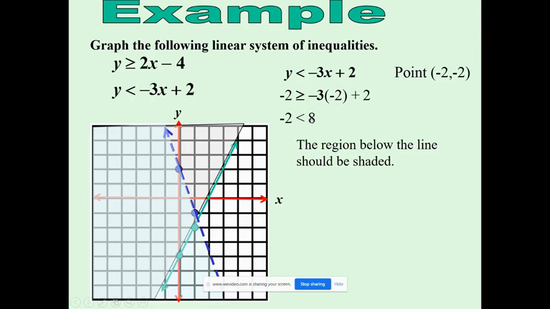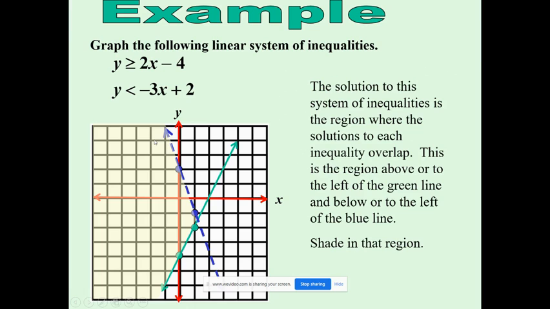And so I plug in negative 2. Negative 2 times negative 3 gets me positive 6. 6 plus 2 is 8. Negative 2 is less than 8. That is true. So I need to shade the region that is overlapped by these two lines. So I shade between the green line and the blue line.